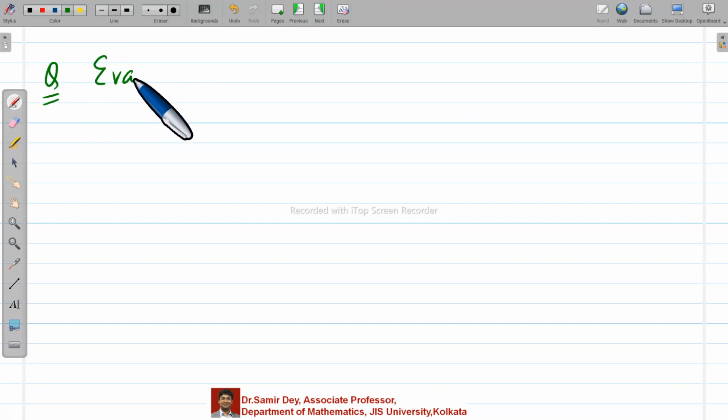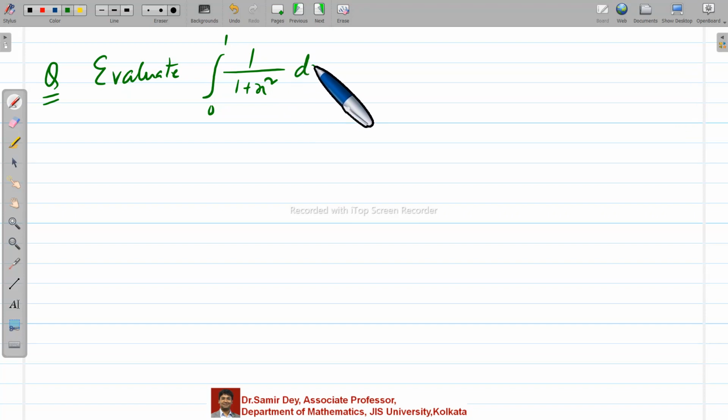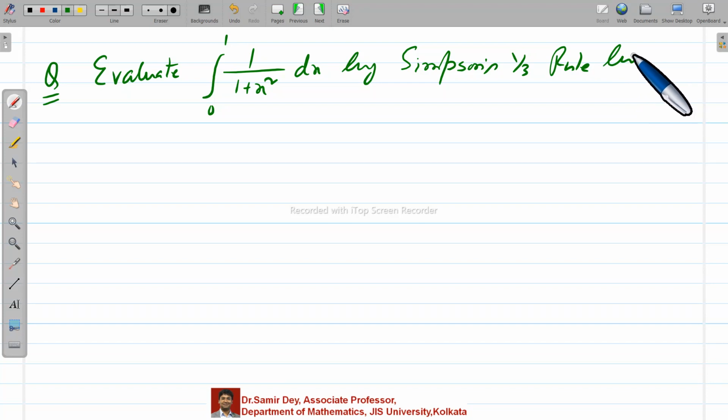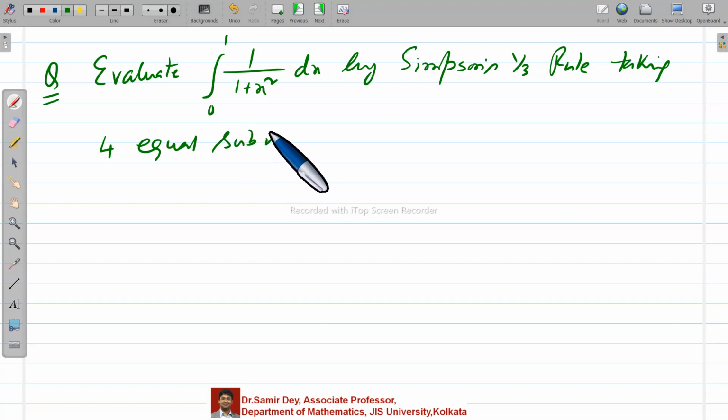Evaluate the integral from 0 to 1 of 1 by 1 plus x square dx by Simpson's one-third rule, taking n equals 4, you may write 4 equal subintervals. Okay, this is the question.